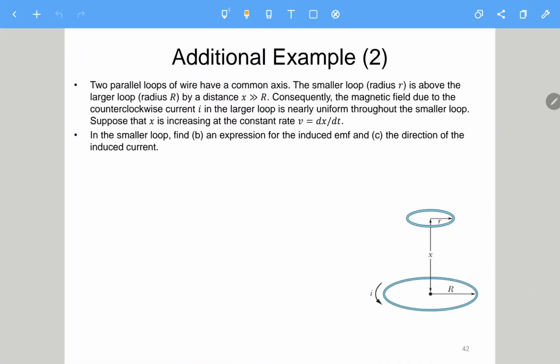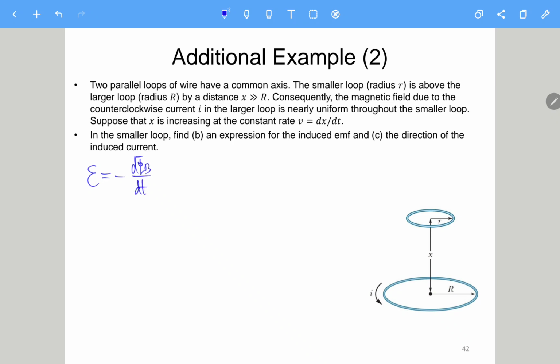Okay, so here it asks you to find the expression of the induced EMF and the direction of the induced current. So after we calculate the magnetic flux, we can calculate the EMF by Faraday's law, which is E equals negative d phi B dt.